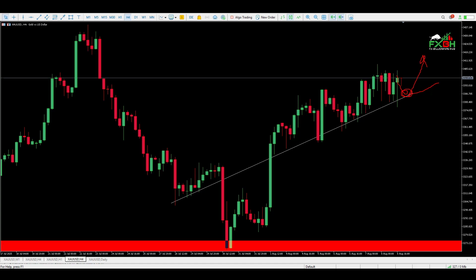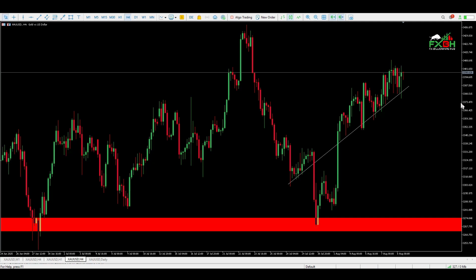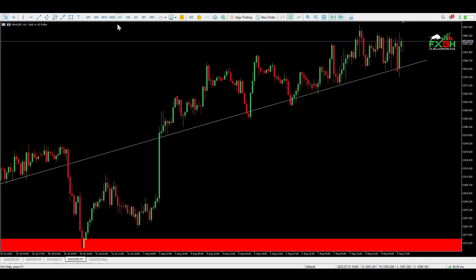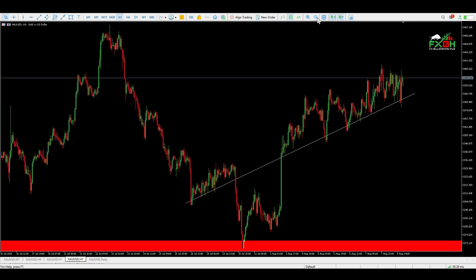So let's get back into our proper analysis to find our proper direction in the H1 time frame. And I want to show you something in the H1 time frame. Let's zoom out a little bit more from the chart.